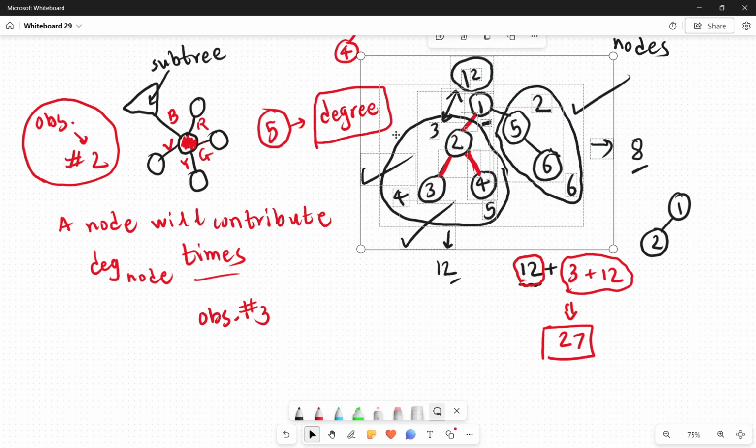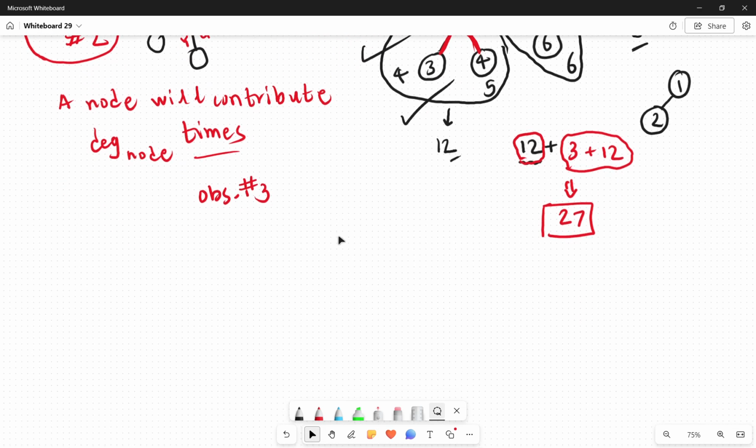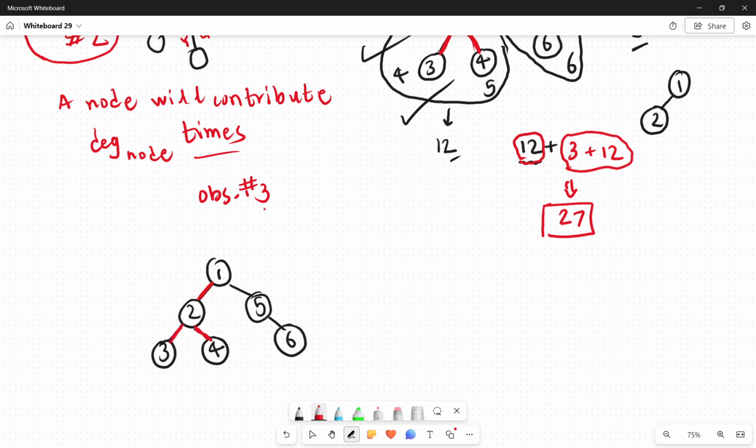Let me draw it again. Nodes 1, 2, 3, 4, 5, and 6. So if this edge is colored red, this edge is colored red, this edge is colored red.